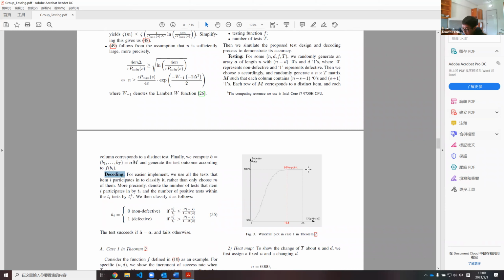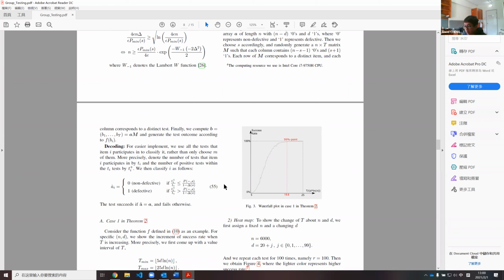For easier implementation, to identify an item I, we directly consider all the tests that I participates in, denoted as T, instead of setting a lower bound M on T and choosing M from T for identification.